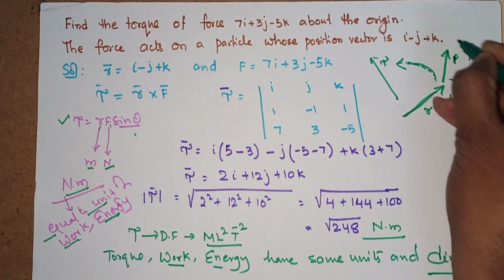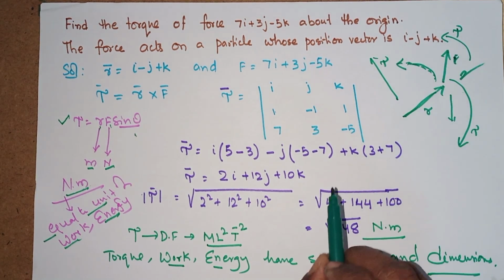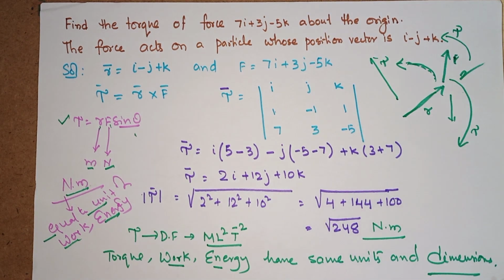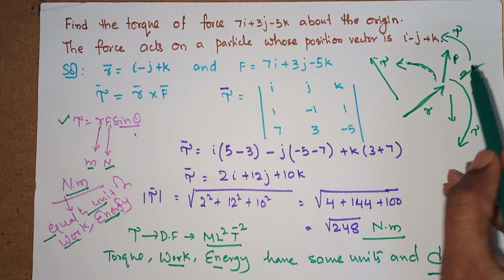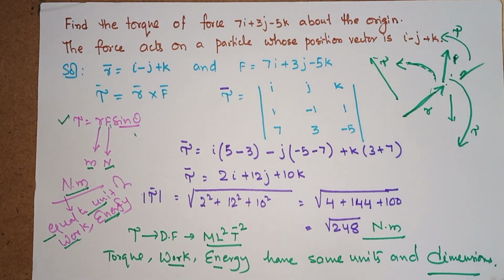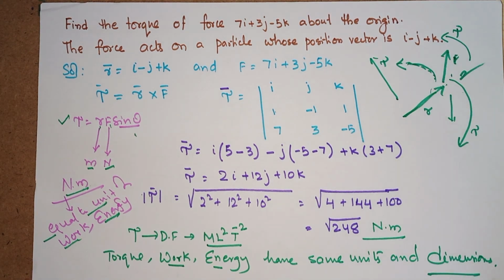So this is anti-clockwise torque and this is clockwise torque. The torque might be positive or negative, that depends on the force which we apply in a particular direction. However, we will take the angle from r to f. Generally wrenches are there, we used to apply the force in order to rotate, loosen or tighten the bolt.